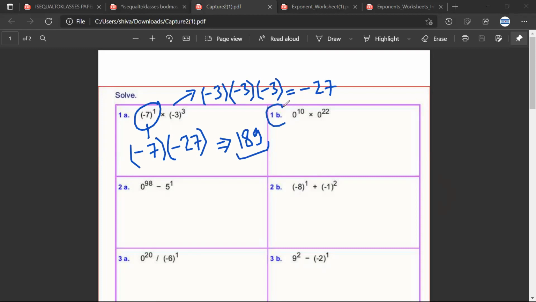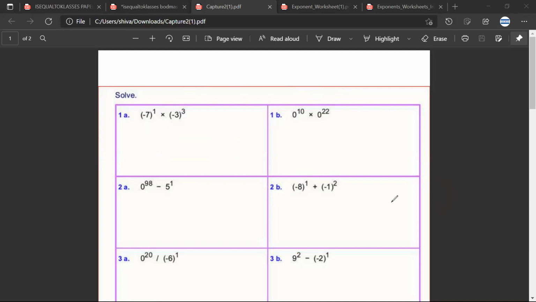1B, have you done? Yes, sir. What is the answer? 0. Second A, what would be the answer? So 0 minus 5. So minus 5. Shabash. Second B, so minus 8 plus 1.